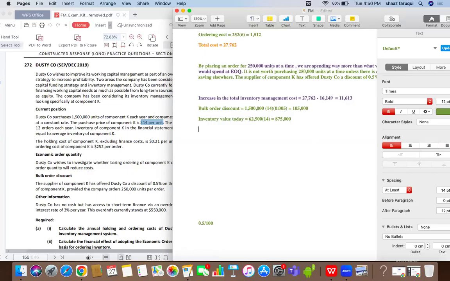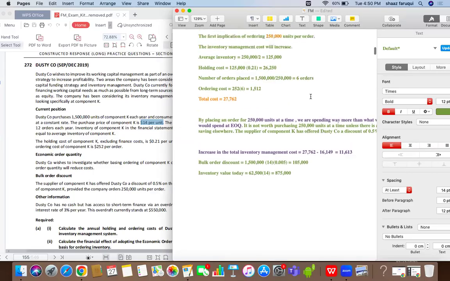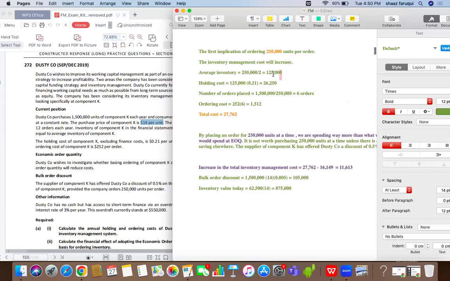But if you go with this bulk order, the value of the inventory will jump. If you go with the bulk order, on average, you will have 125,000 units of inventory, and each unit will have a value of how much? Each unit will not have a value of $14.